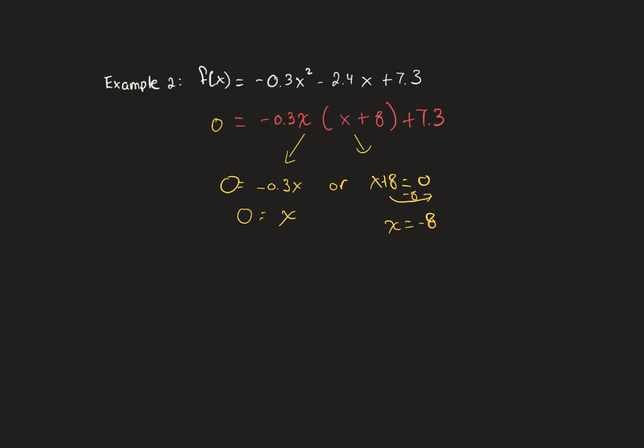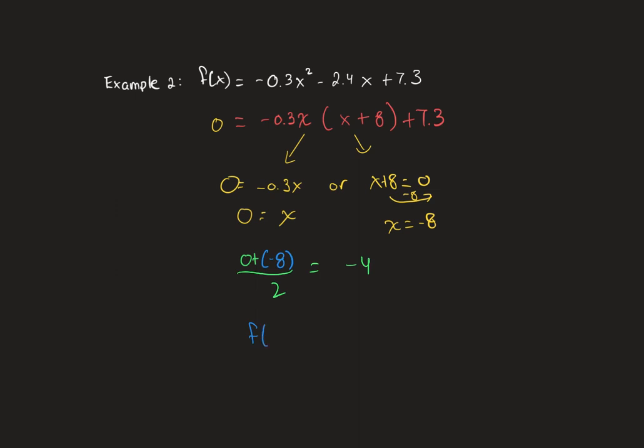Okay, now the third step, we want to take the average of these two numbers. So 0 plus negative 8 divided by 2, which is going to give you negative 4. All right. Plus minus is the same thing as saying minus, so you got 0 minus 8, so that's negative 8 divided by 2 is negative 4. And then finally, we're going to substitute.